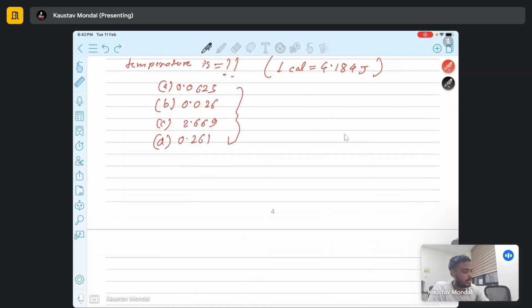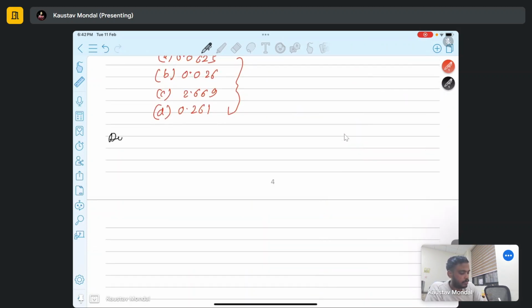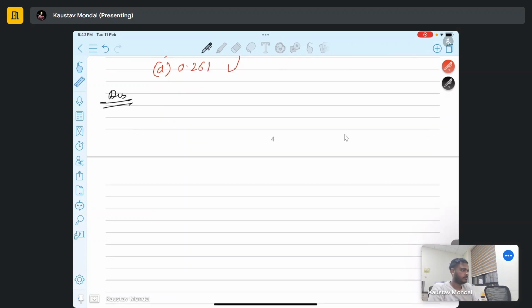So let me first write the expression of the Clausius-Clapeyron's equation. So what is basically the Clausius-Clapeyron's equation?